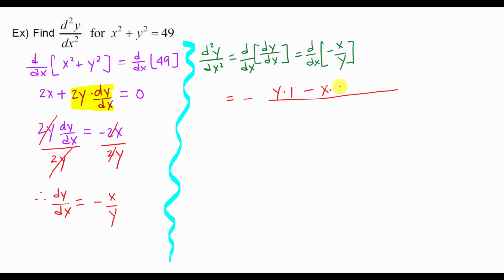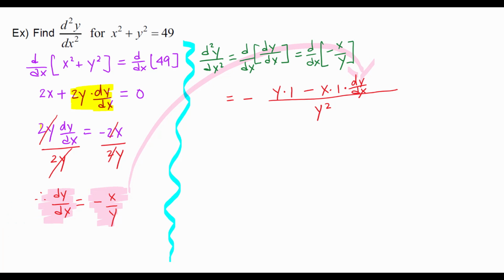So I need the chain rule. The derivative of y is 1, but I need to multiply by dy/dx, over square below. So that will be y squared. You cannot have a dy/dx inside of your second derivative function. So you need to replace your dy/dx by negative x over y right there.